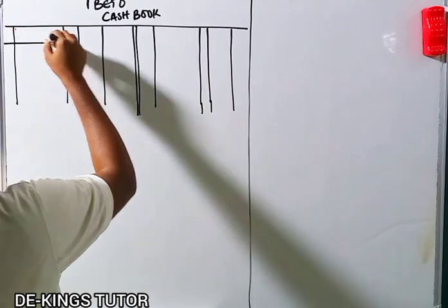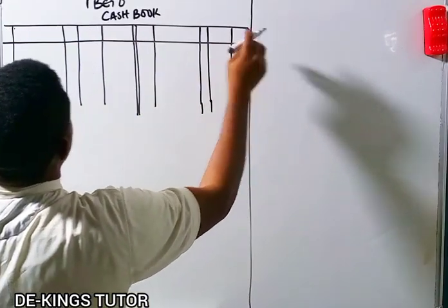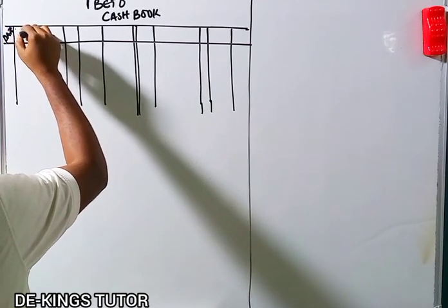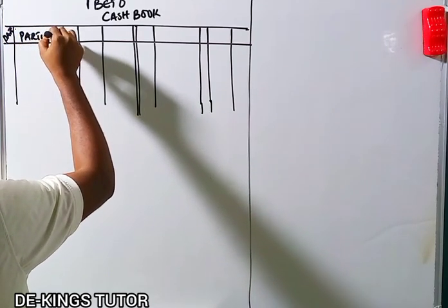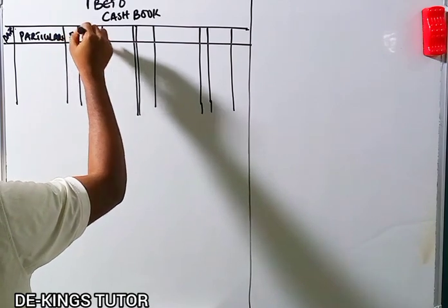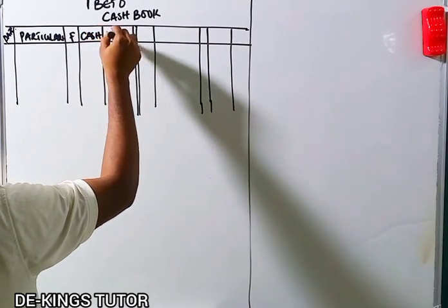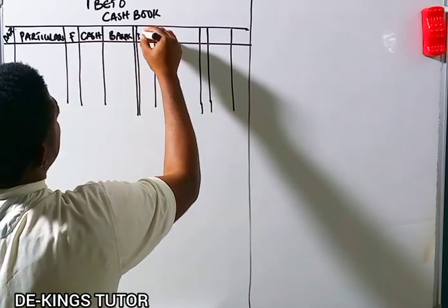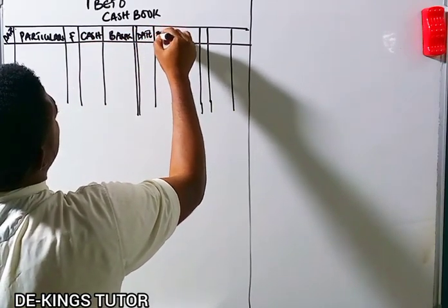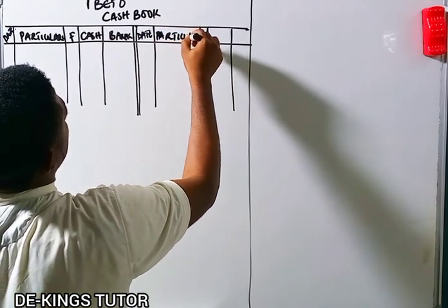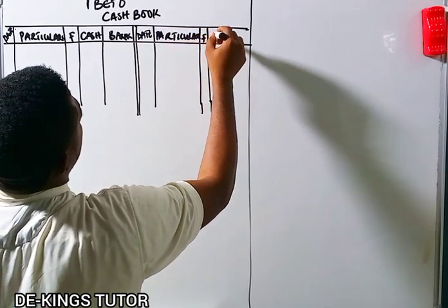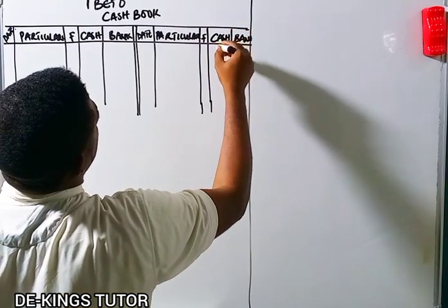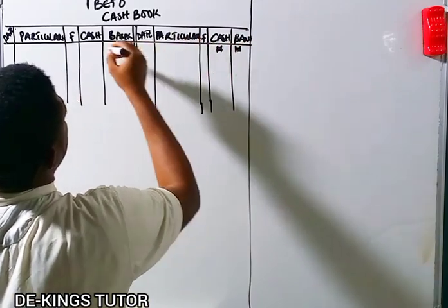This is the debit side. We can also have this as dates, particulars, folio, cash and bank.